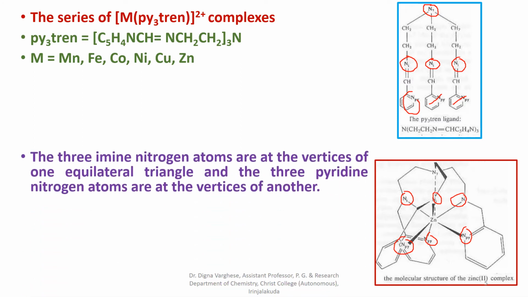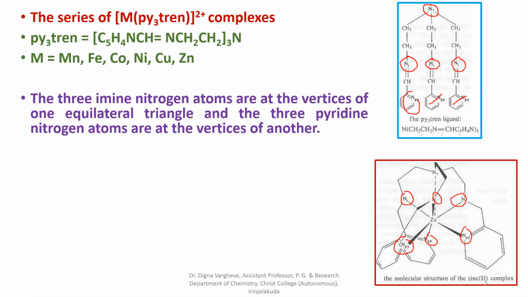But you see here the 3 imine nitrogen atoms are closer to the central metal atom zinc than the pyridine nitrogen atoms. And here the imine nitrogen atoms are at the vertices of one equilateral triangle and the 3 pyridine atoms are at the vertices of another equilateral triangle.